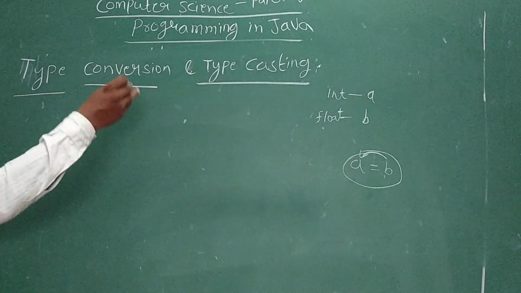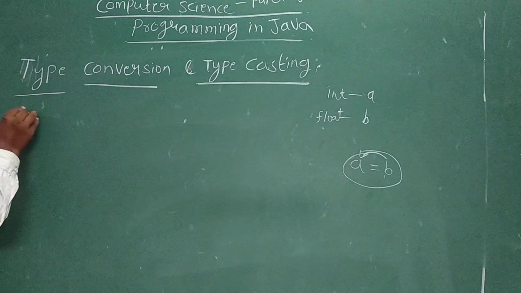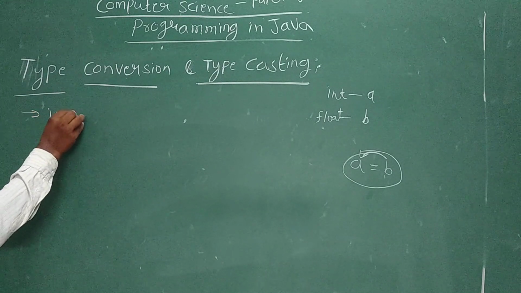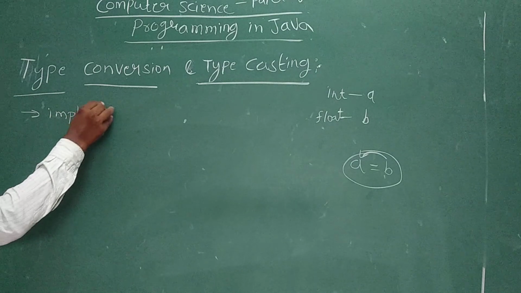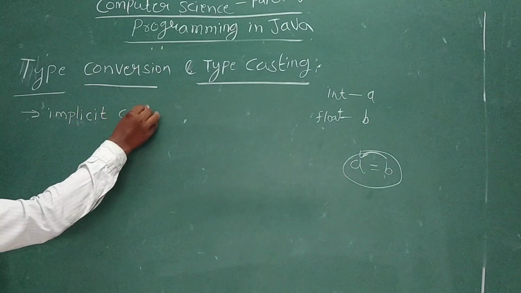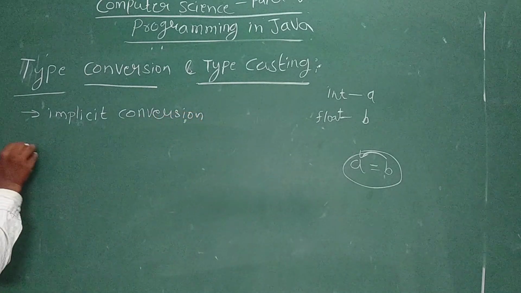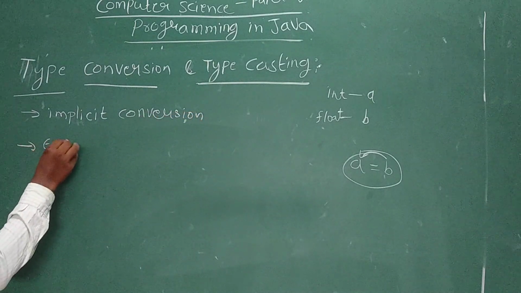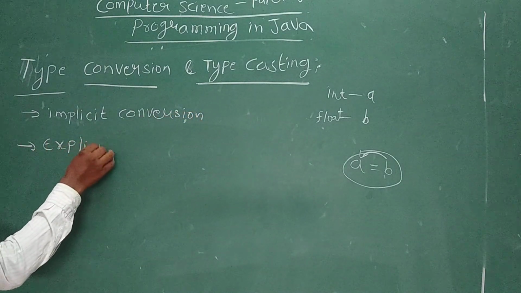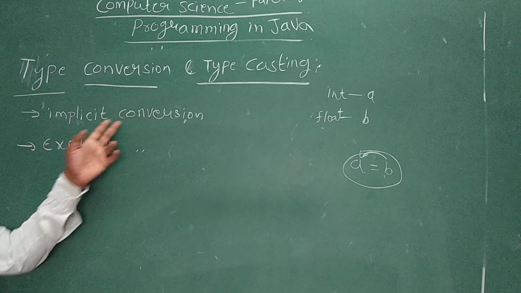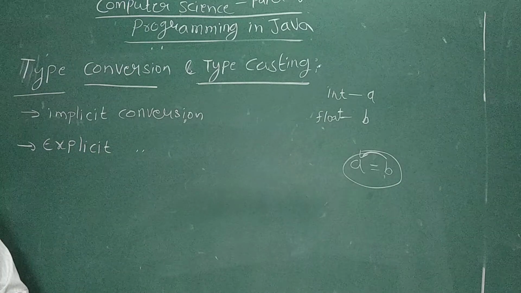In the Java programming language, there are two types of conversions. One is implicit conversion, and the other is explicit conversion.